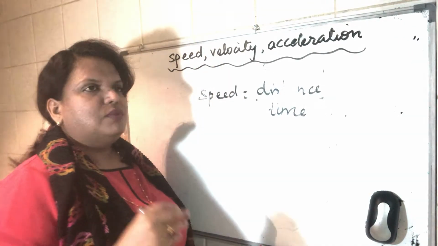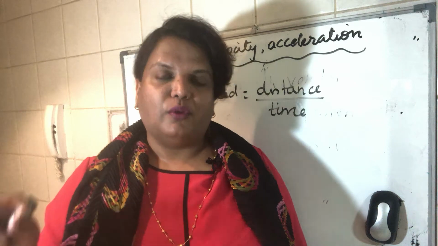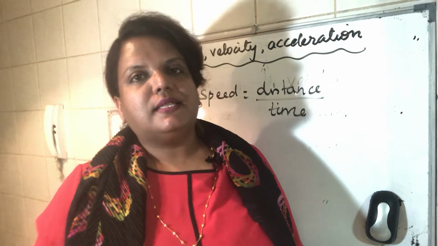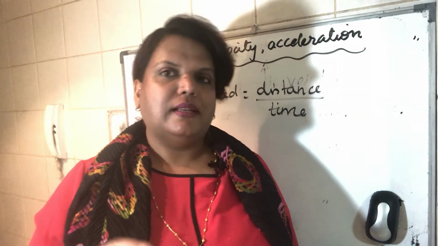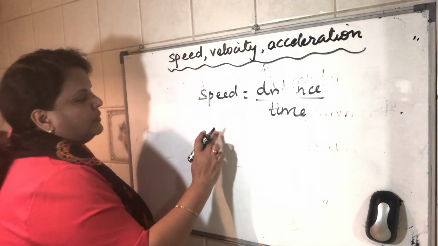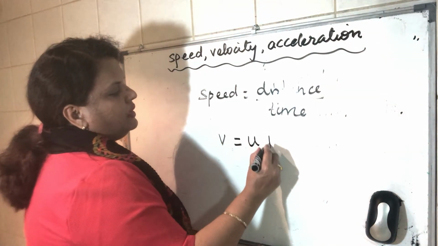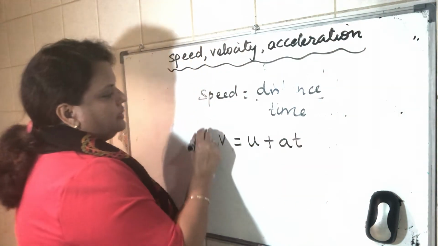Now when you come to the IGCSE curriculum, you will also be introduced to a few more formulae that connect distance, speed and time. Let's see a couple of them. The most common formula that you will be using is v equals u plus at.